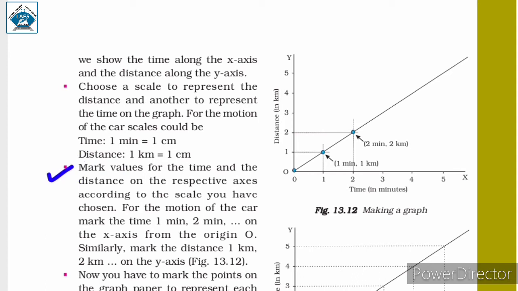Mark values for the time and the distance on the respective axis according to the scale you have chosen. For the motion of the car, mark time 1 minute, 2 minutes and so on on the x-axis from the origin O. Similarly, mark the distance 1 kilometer, 2 kilometers and so on on the y-axis as shown in figure 13.12.